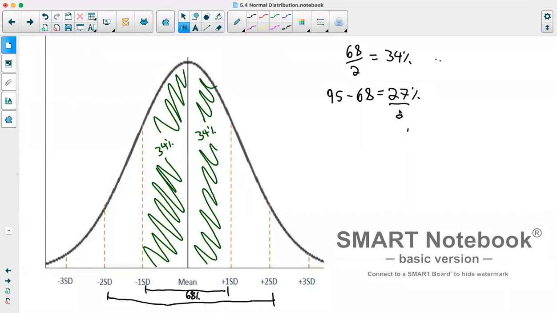We will divide that by 2. So that gives us 13.5% of the data is here and here. So 13.5% in this section and 13.5% in this section here.